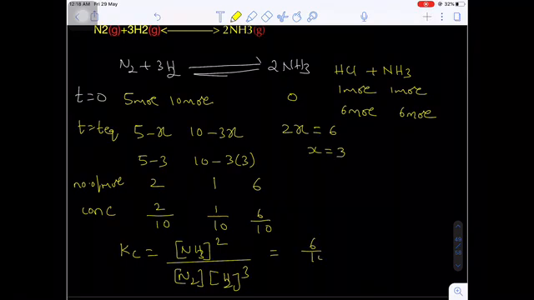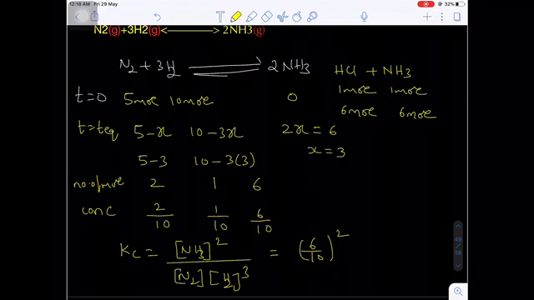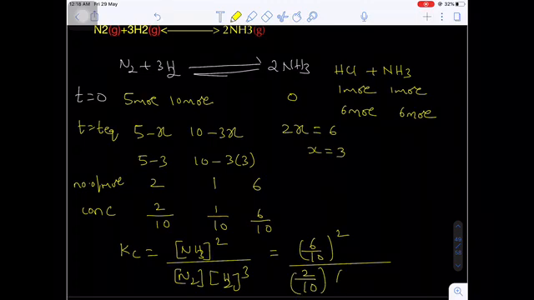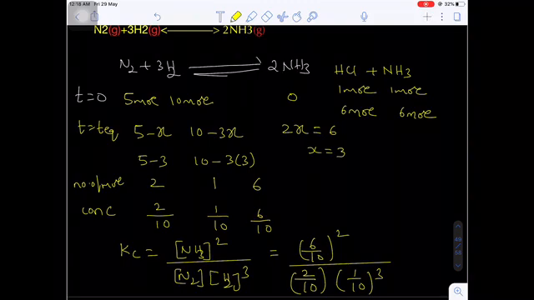Ammonia concentration 6 by 10 whole square, whole divided by nitrogen concentration 2 by 10 multiplied by hydrogen concentration 1 by 10 whole cube. If you simplify this expression, you will get the answer 1800.